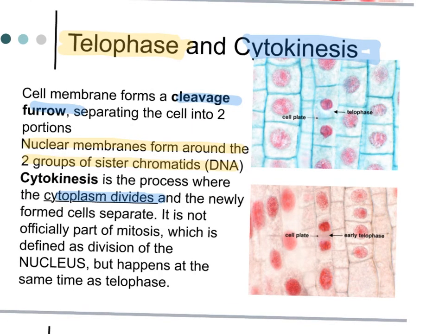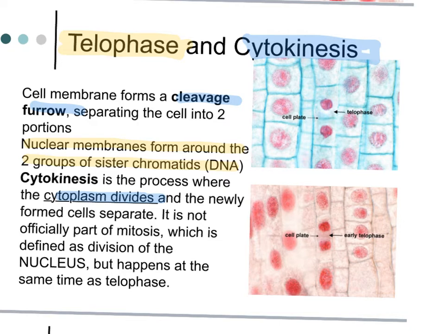So the end result of mitosis and cytokinesis is we get 2 new daughter cells. These daughter cells are genetically identical to the parent cell, so they are the exact same, but we call them the 2 daughter cells. So we don't say the old cell and the new cell. That's not how we refer to them.